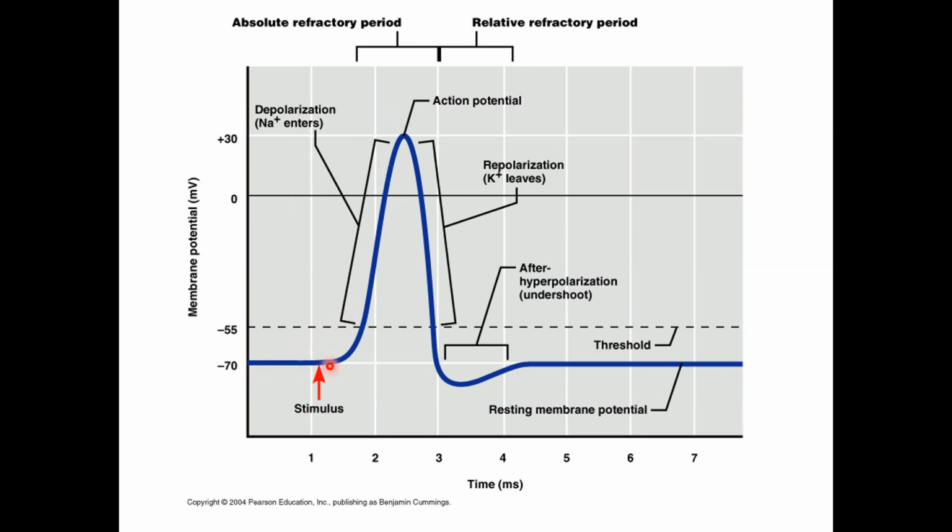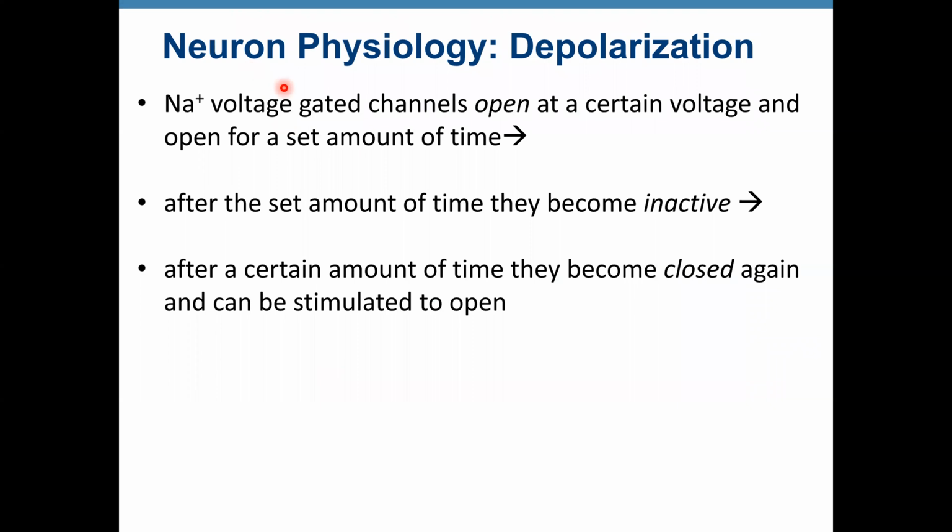So this is depolarization. Sodium voltage gated channels open at a certain voltage and open for a set amount of time. After the set amount of time, they become inactive. And after a certain amount of time, they become closed again and can be stimulated to open again, right?